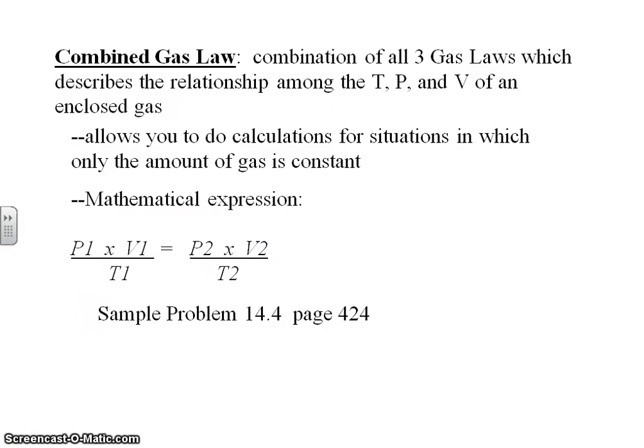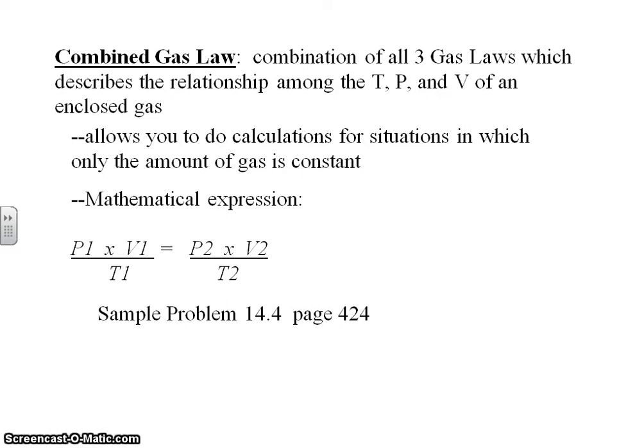All right, next is the combined gas law. The combined gas law is a combination of all three gas laws, so Charles's, Boyle's, and Gay-Lussac's, which describes the relationship among the temperature, the pressure, and the volume of an enclosed gas. Okay?